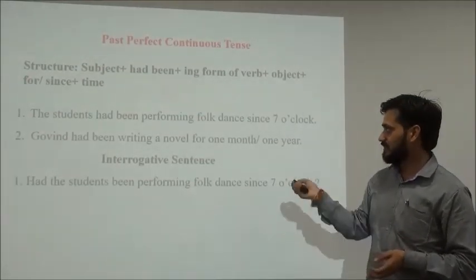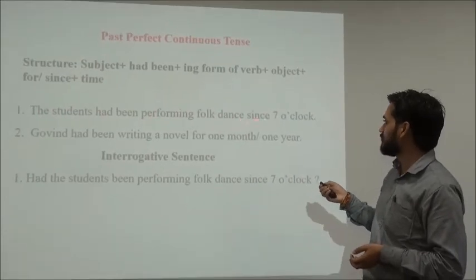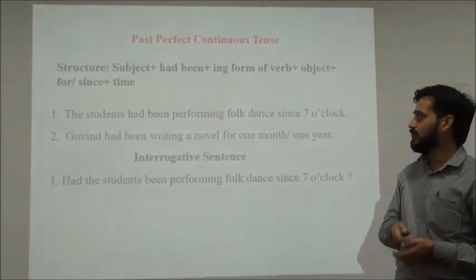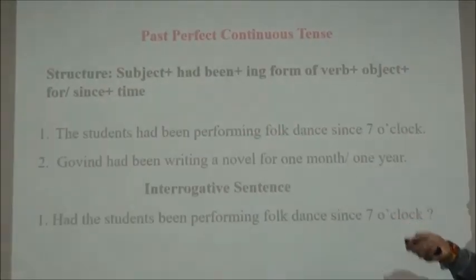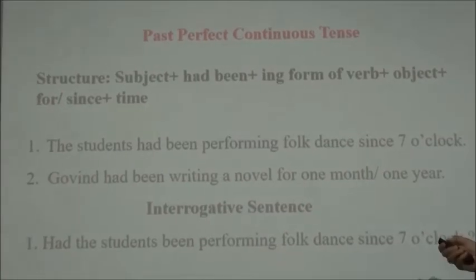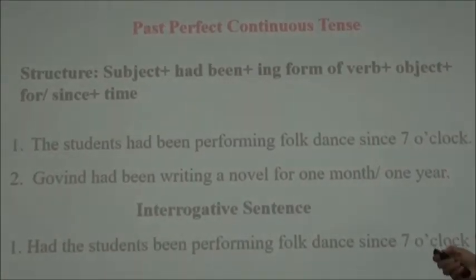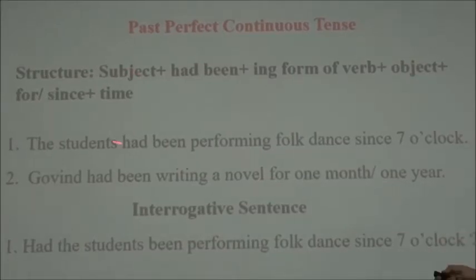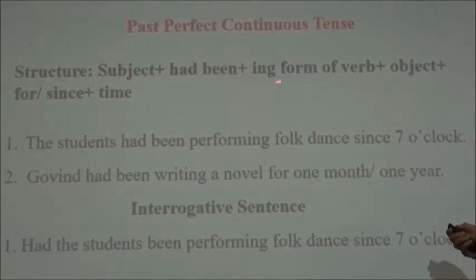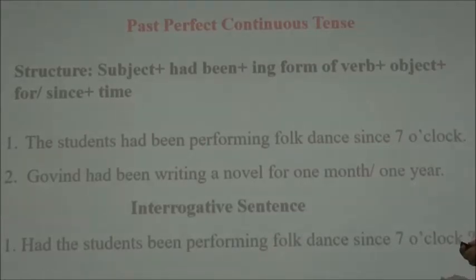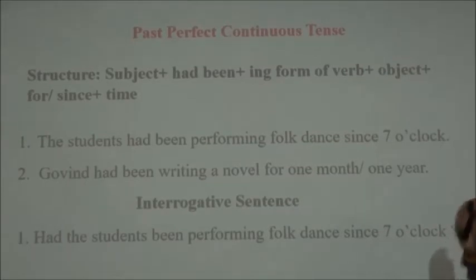For an example, just see the sentence. The student had been performing folk dance since 7 o'clock. You see that this sentence is following this pattern. The students are the subject. Now had been, performing is the ing form of the verb. Folk dance is the object.